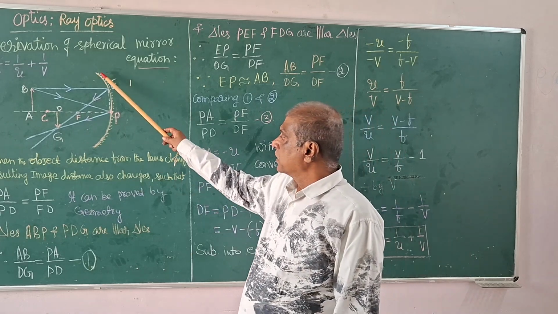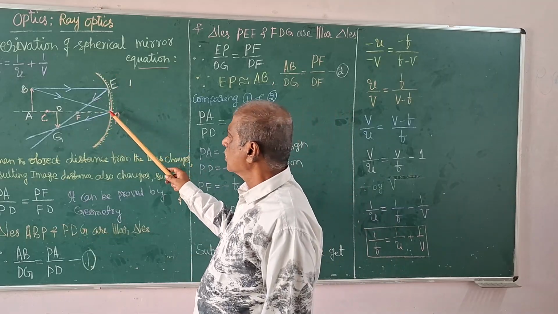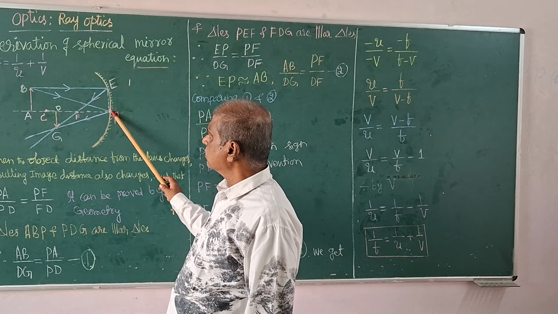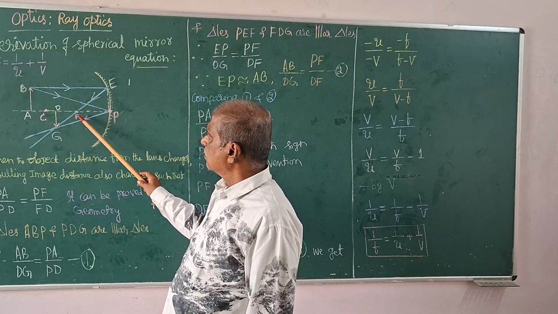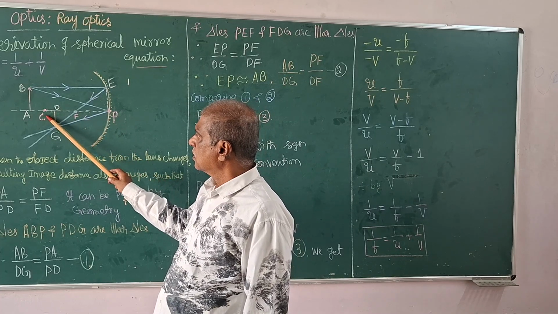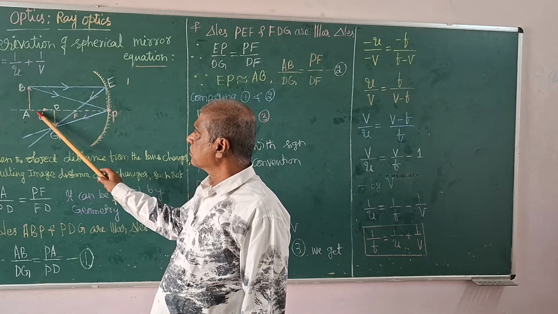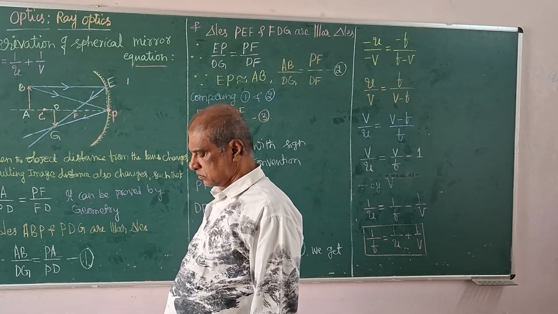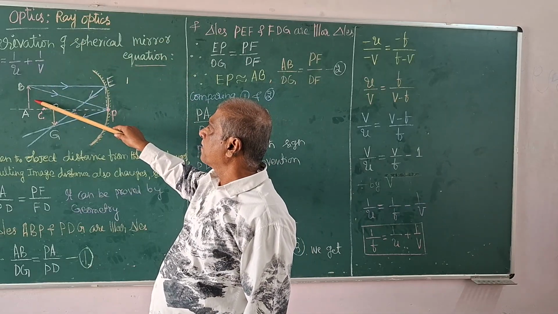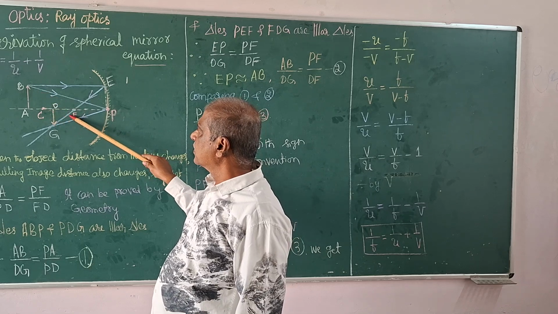The mirror is a concave mirror, and these are the characteristics of the mirror: P, pole of the mirror, focal point F, center of curvature C, and the object I am taking beyond C. If the object is at this position, the image position will be between C and F like this.